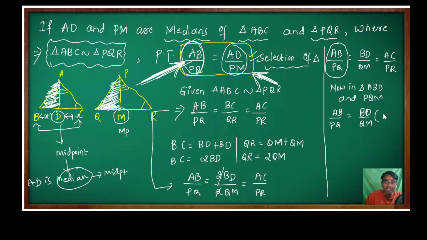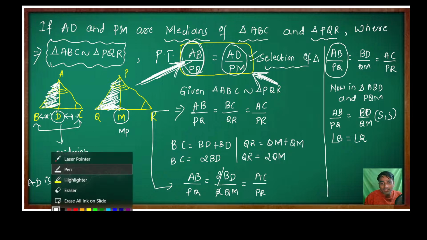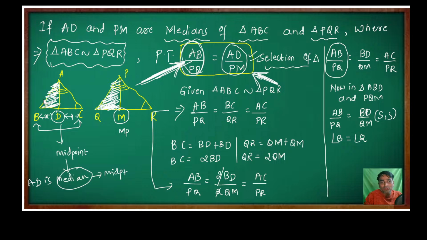These are two sides, side and side. We got side and side here, and angle B is equal to angle Q. So these angles are given equal if you see in the figure, right? Initially I had a figure written like this. If you see these two angles here, B and Q are equal angles.